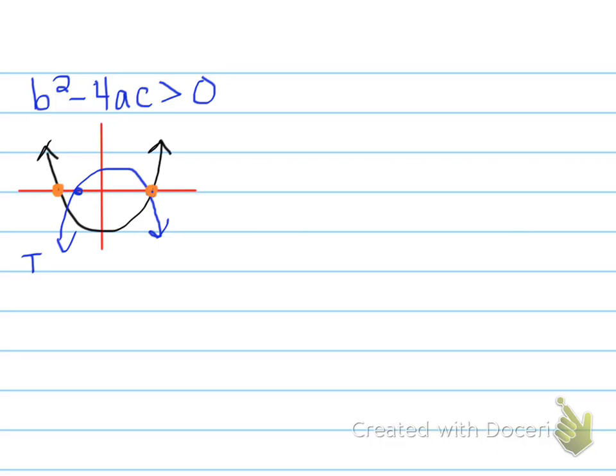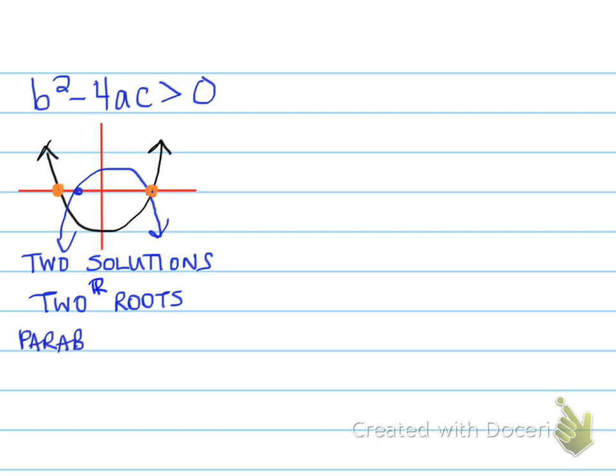Either way, when the discriminant is positive there will be 2 zeros, 2 solutions, 2 x-intercepts, 2 real roots. The parabola will cross the x-axis twice, and that can only happen when the discriminant is greater than 0.